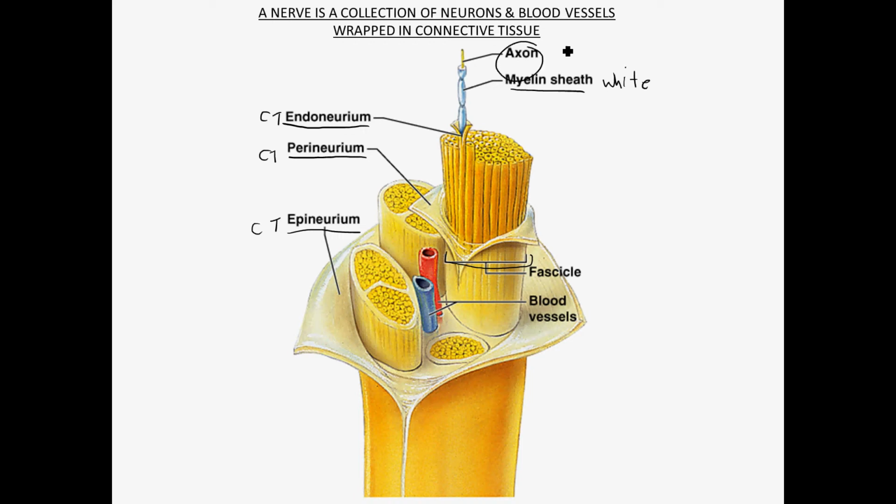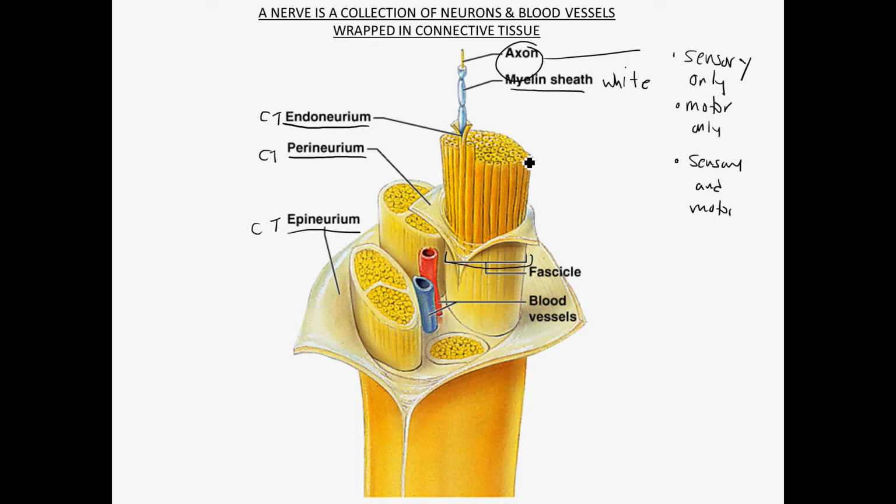So now these axons could be solely sensory, in which case that nerve is conducting action potentials strictly to the central nervous system. So it could be sensory only. These axons could be motor or efferent only, or some of these axons could be sensory and motor.